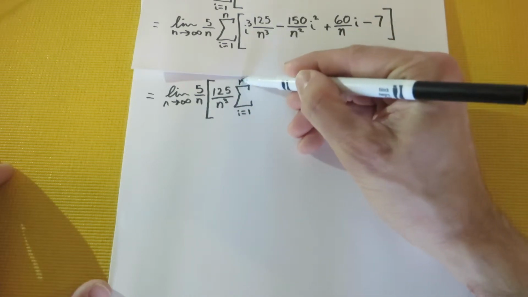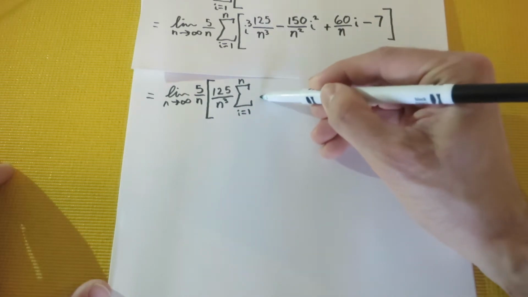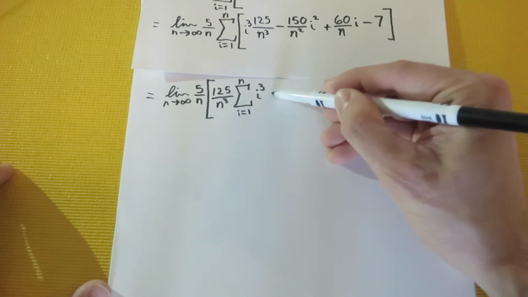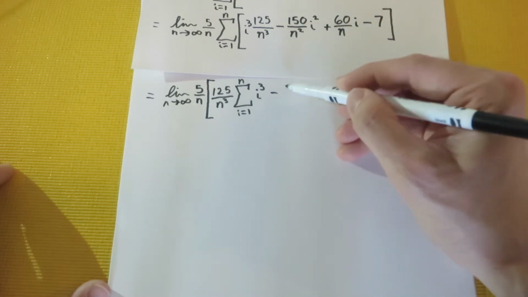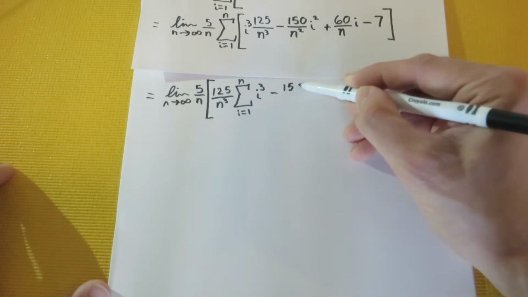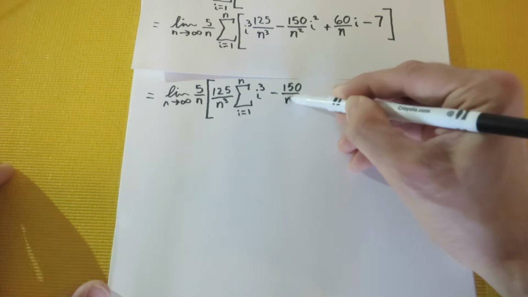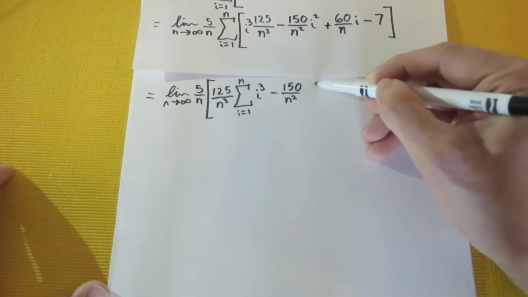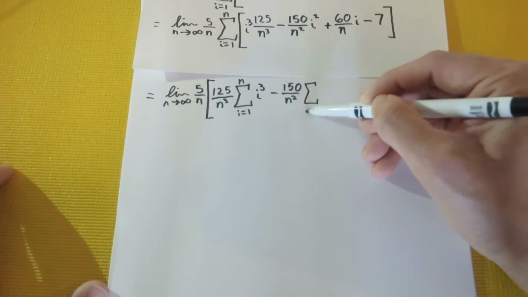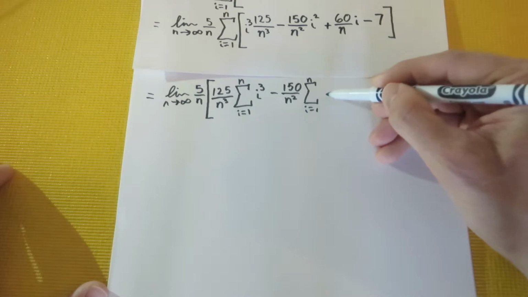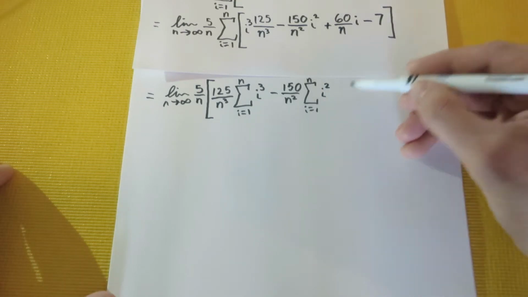Everything's going to be from i equals 1 to n, i cubed. And then we have another constant that we're going to pull out as we distribute our summations. 150 over n squared, the sum from i equals 1 to n of i squared.